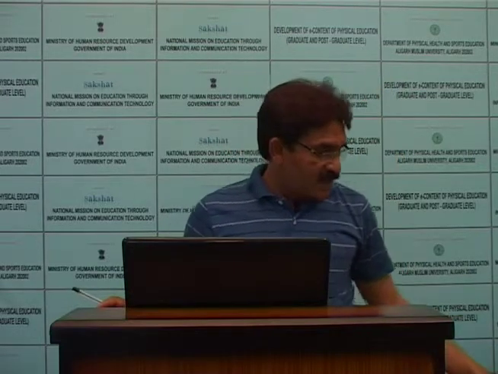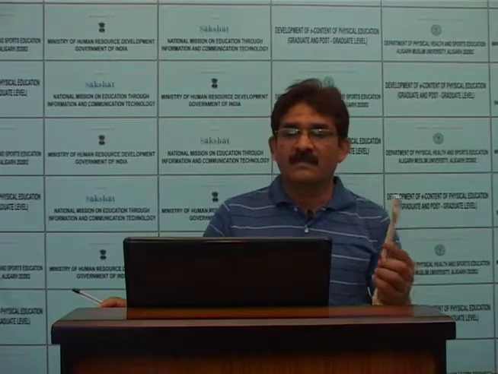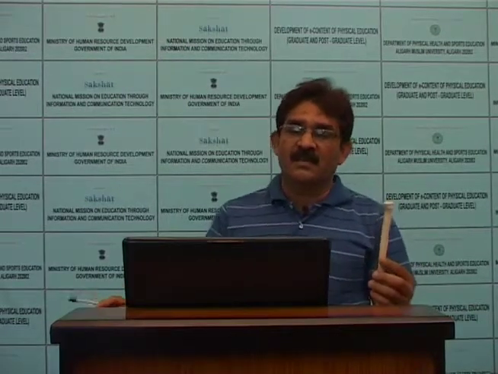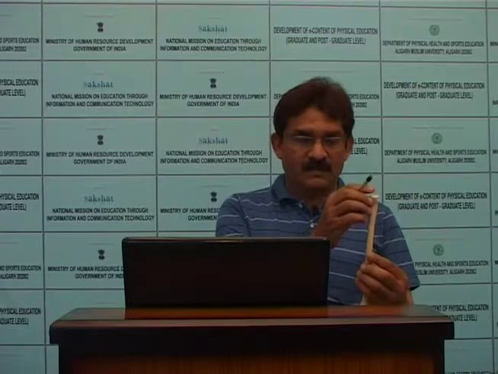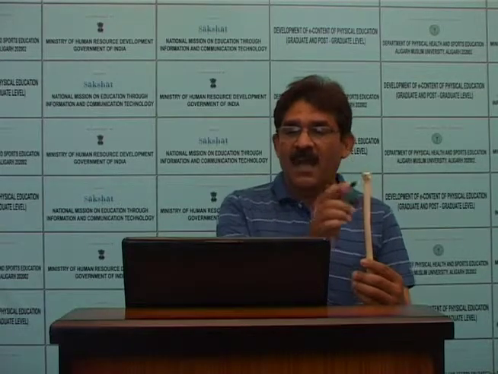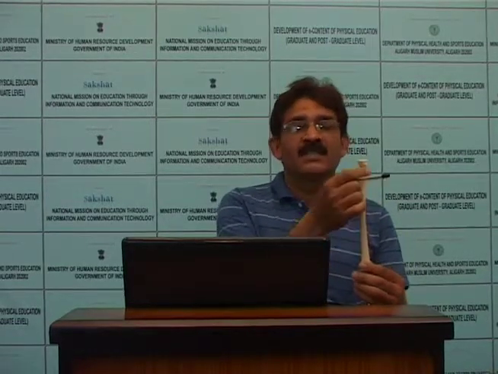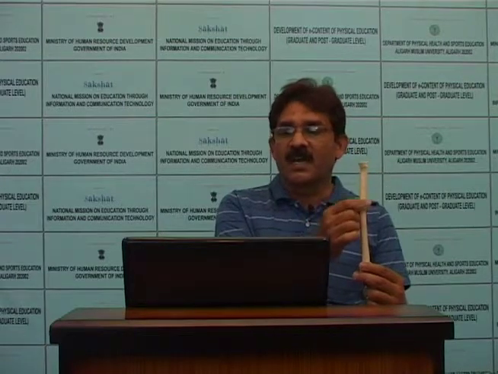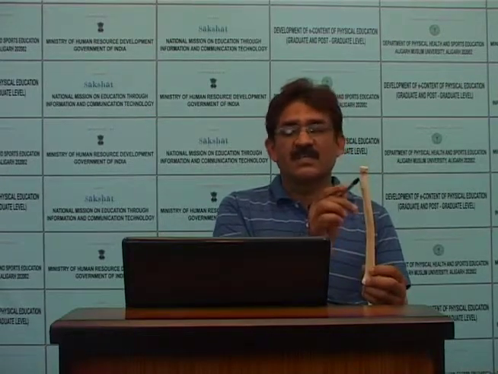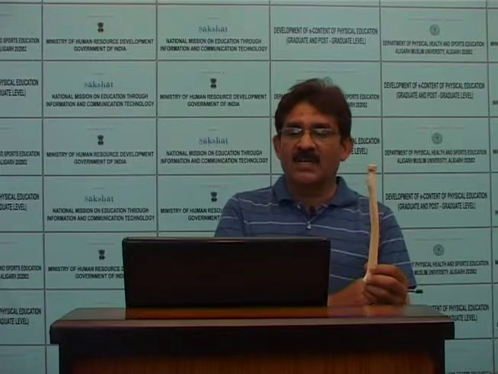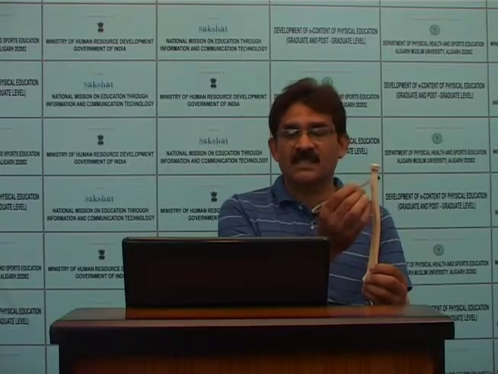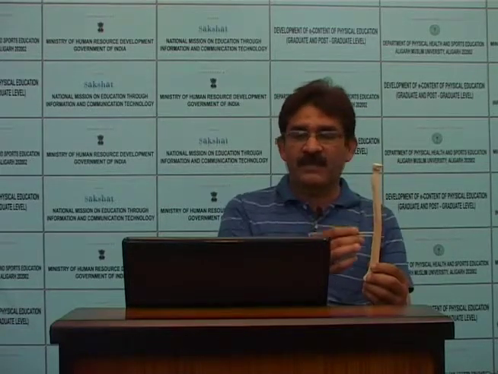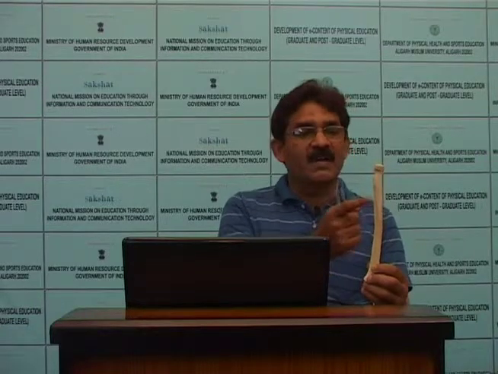Now we can discuss the radius. It has an upper end: head of the radius, and this is the neck of the radius, radial tuberosity. This is the radial tuberosity and articular circumference. Shaft, interosseous border.